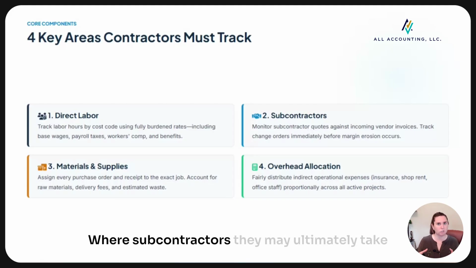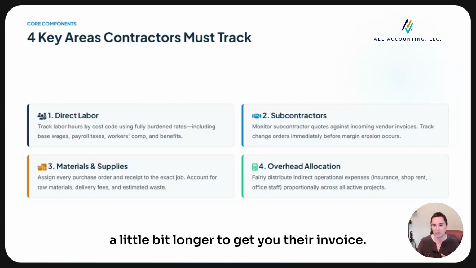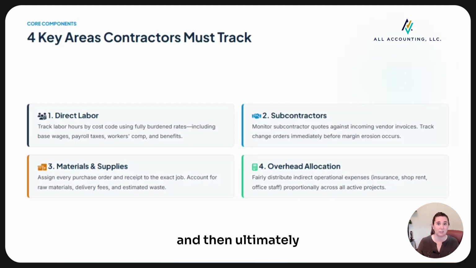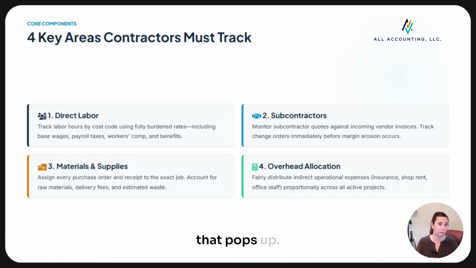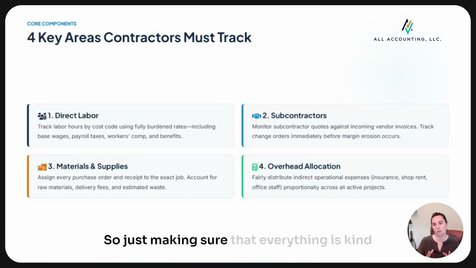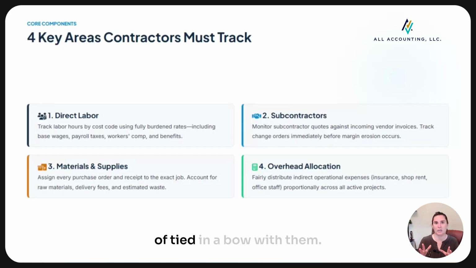Where subcontractors, they may ultimately take a little bit longer to get you their invoice. And then ultimately, just like you bidding your job, they may have bid your job to you, and then this pops up and that pops up. So just making sure that everything is kind of tied in a bow with them.